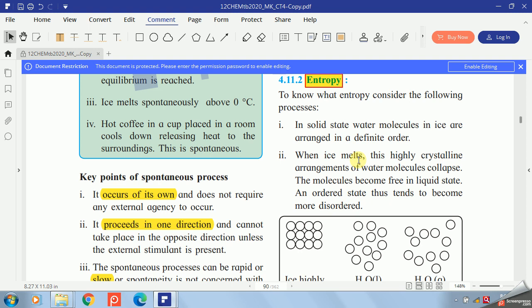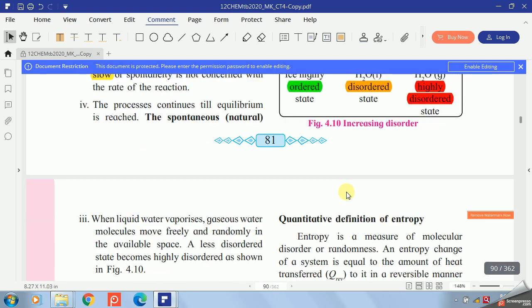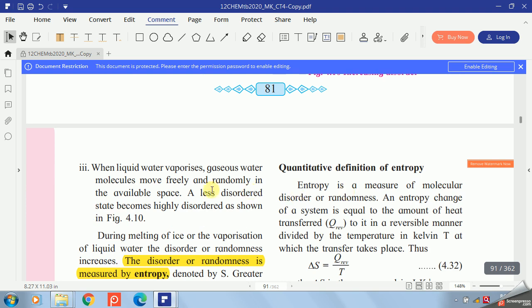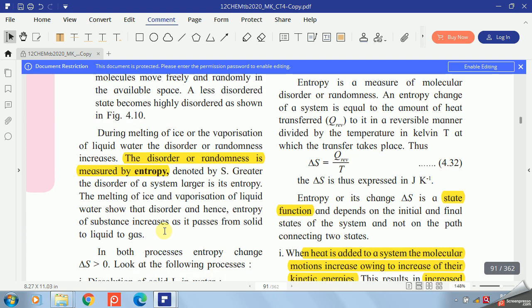So the measurement of disorderliness is called the entropy of the system. The definition is: the disorder or randomness is measured by a term called entropy.